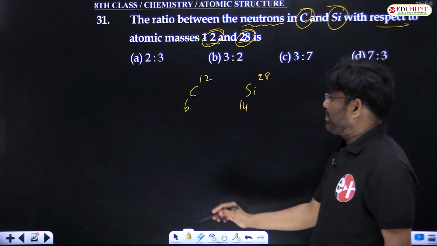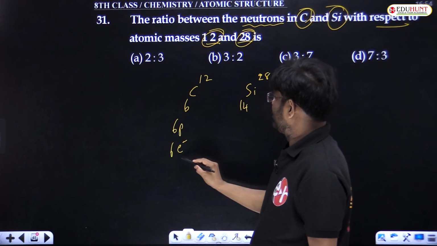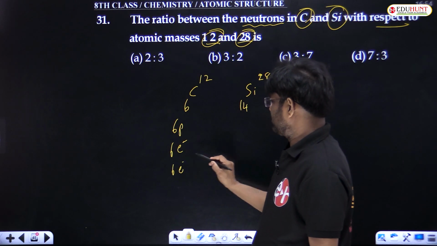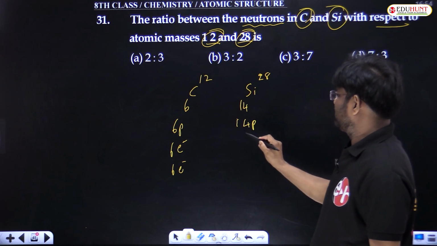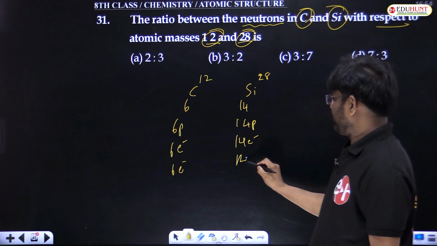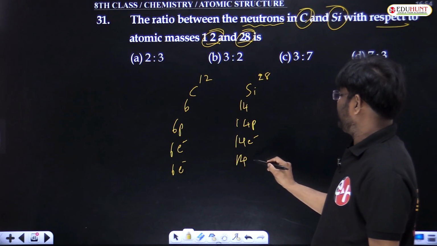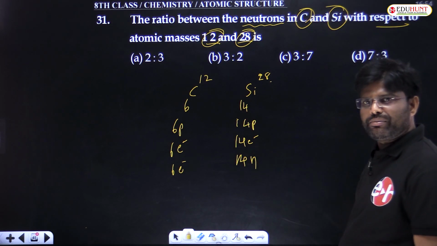Now, carbon has 6 protons, 6 electrons, and 6 neutrons. Silicon has 14 protons, 14 electrons, and 14 neutrons, because 28 minus 14.